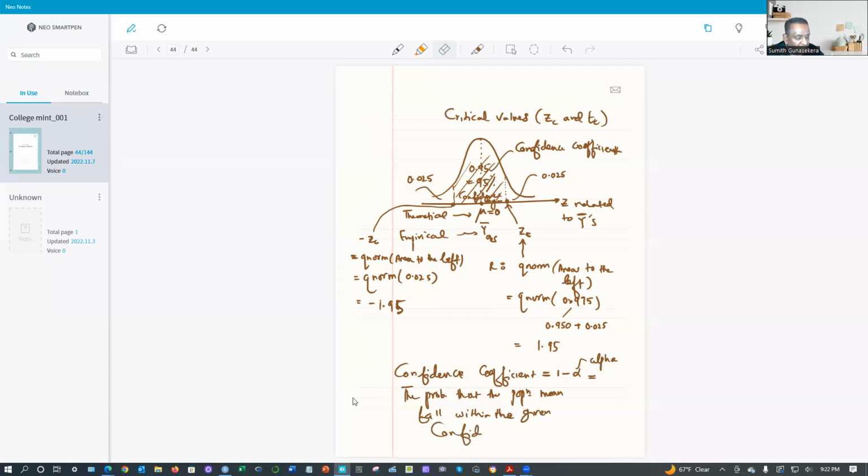That proportion is called the confidence coefficient.